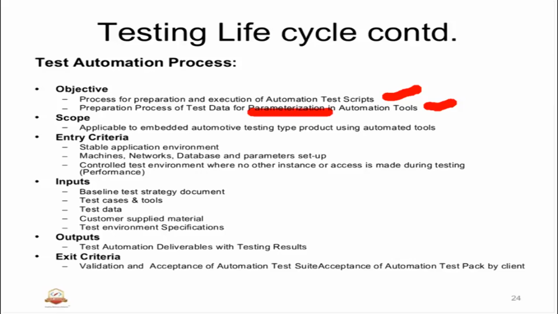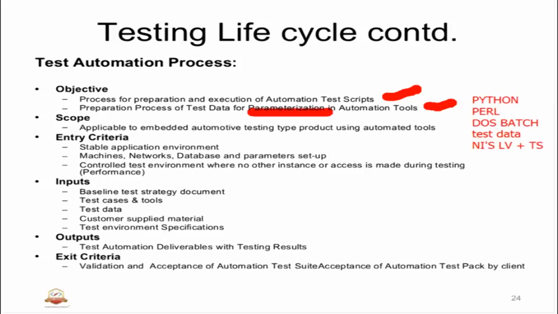Scope is same. Entry is a stable application environment. That means once we are ready to do the automation, it should not crumble in between. That means it cannot fail. Once we are good to run all the tests, then we are going to have a batch execution. For that we need to have a stable environment.